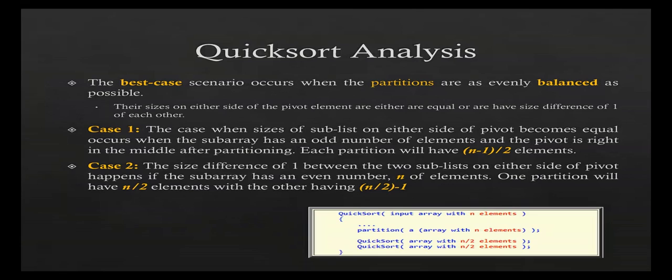That means if we have an array with 5 elements, for example, then after partition the pivot position is third, so the left sub-array contains 2 elements and the right sub-array contains 2 elements. That means we choose the pivot in the middle element, right?